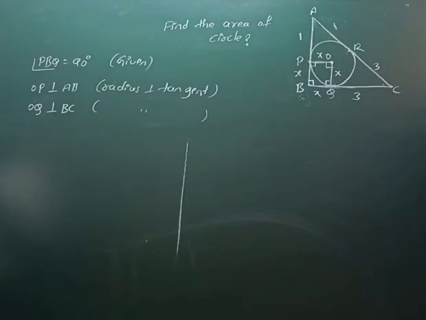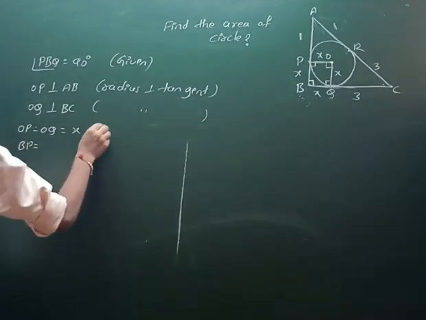And we know that OP is equal to OQ, which, if you are taking X, will be X, because it is a radius.